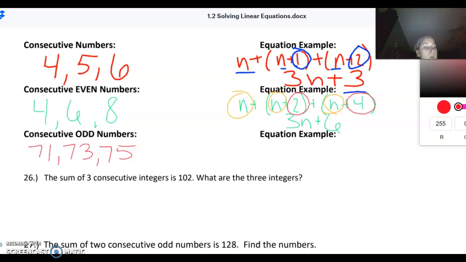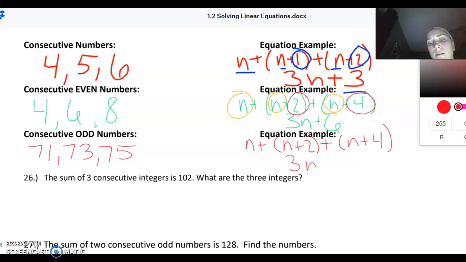We can use the same equation that we used for the consecutive even numbers, because from there we were doing even, skipping an odd, going to an even. So it's the same thing, because we're only dealing with an even or an odd. I'm going to write this out again, and that simplifies to 3n plus 6.